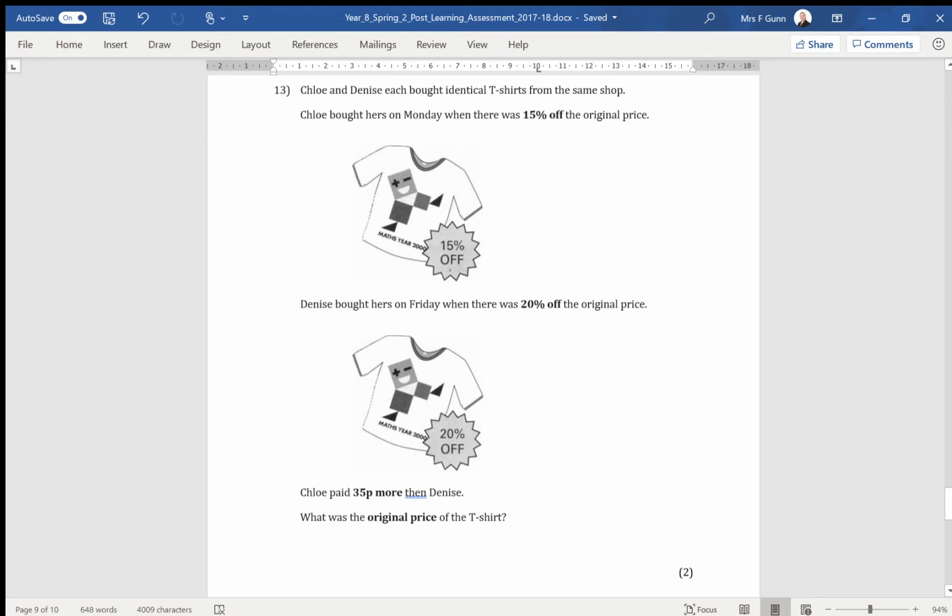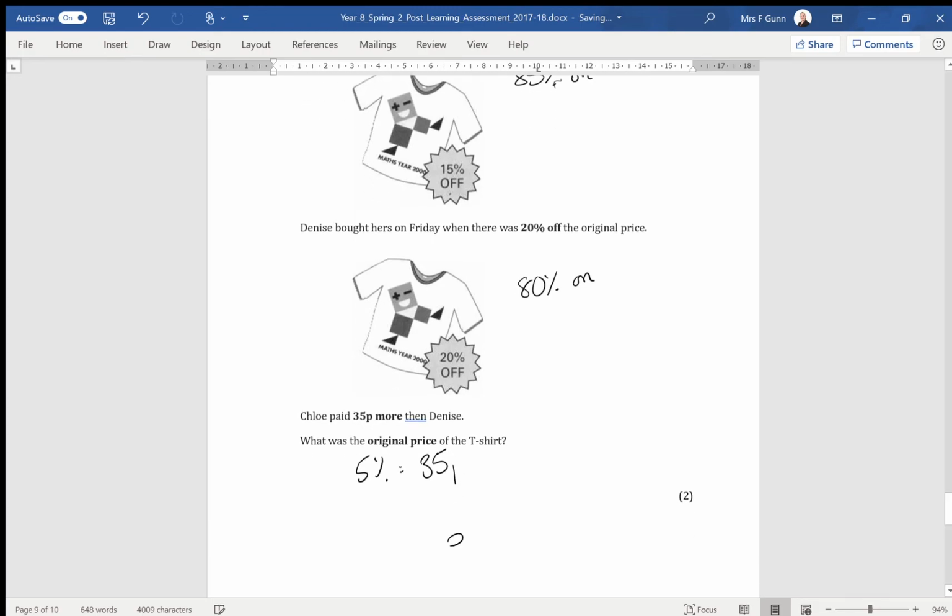So, she paid 15% off, which means she spent 85%. 20% off is 80%. The difference then is 5% of the original price is 35p.